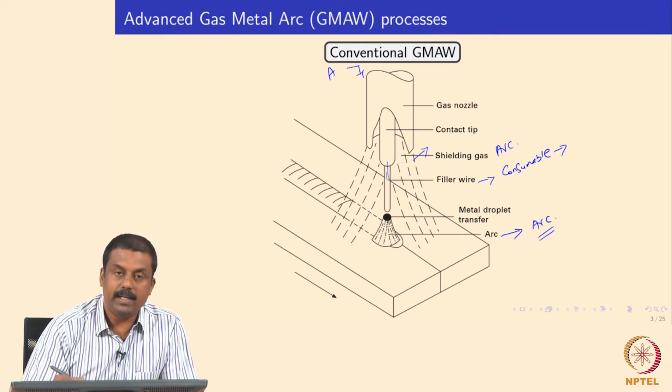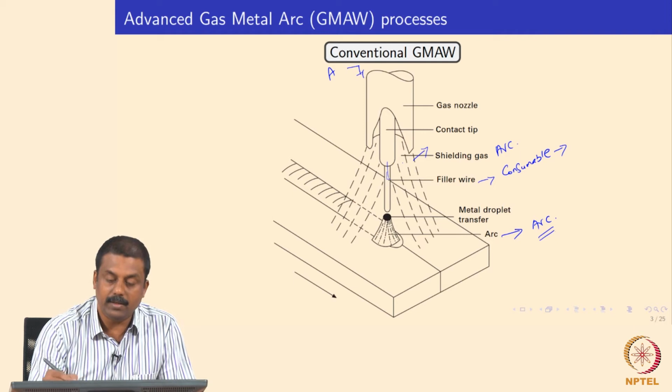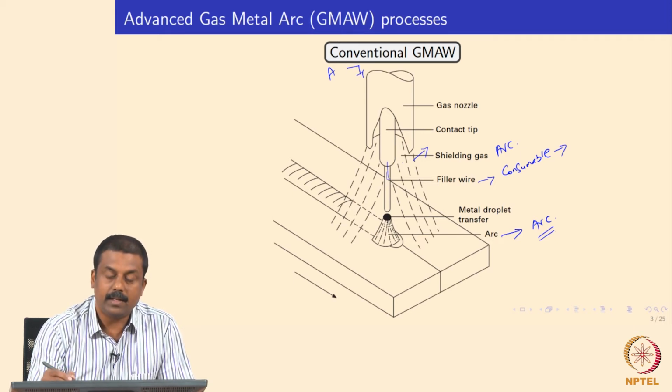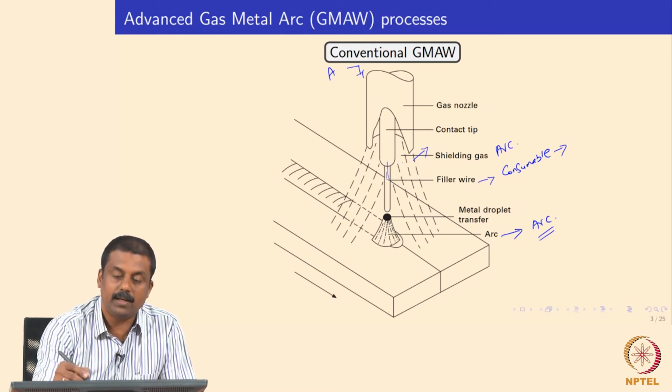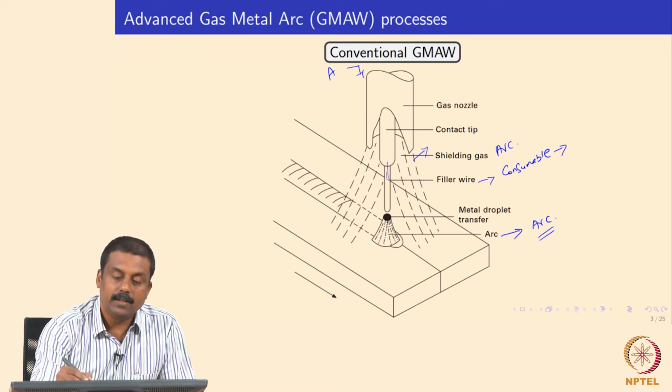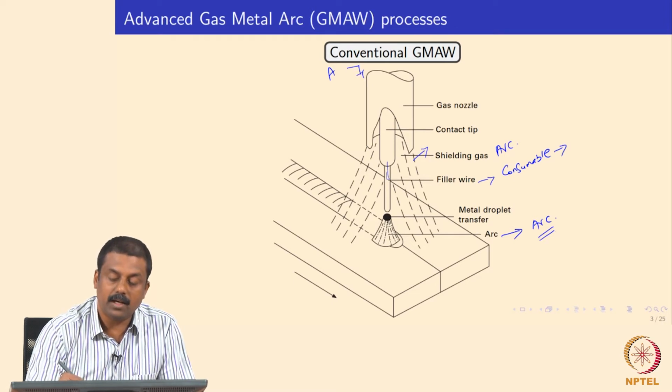We will see in detail what process parameters can significantly affect the welding process, as well as the stability of the weld, in subsequent slides. Right now we can assume that in a gas metal arc welding process, we use a shielding gas to strike an arc between the consumable electrode and the workpiece.